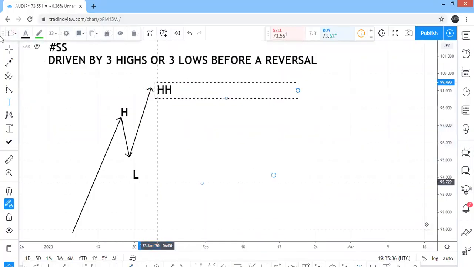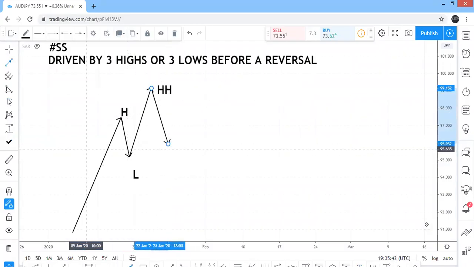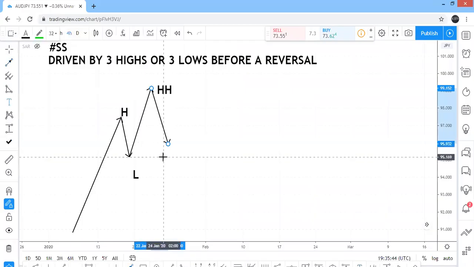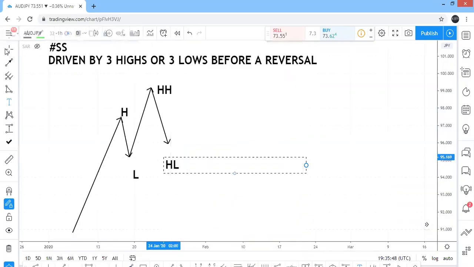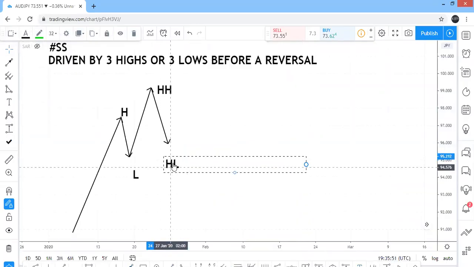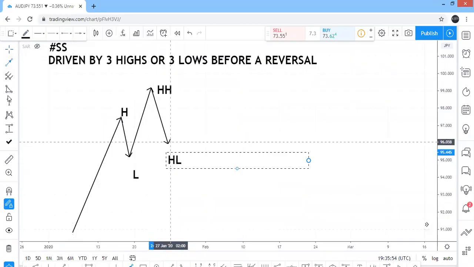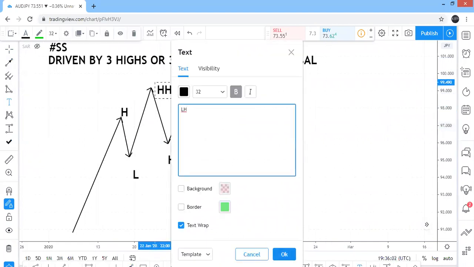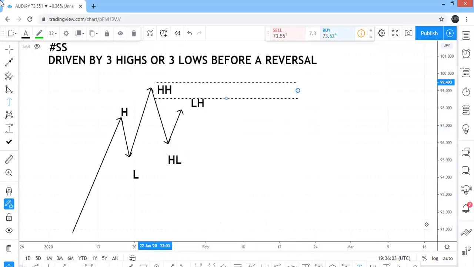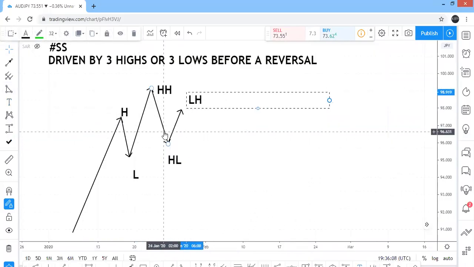But this time, when it comes back down, you're going to see that the market has formed a higher low. The third high that comes is going to be a lower high. When this lower high is formed, then we can now get ready to trade our strategy.